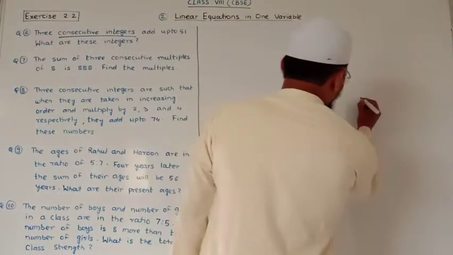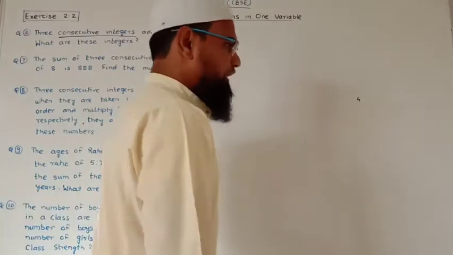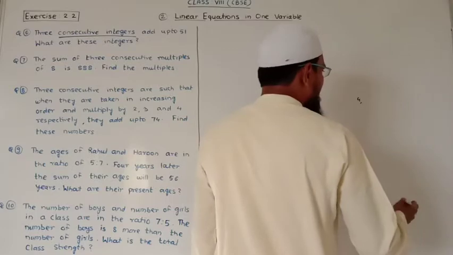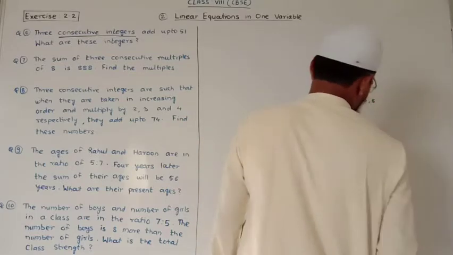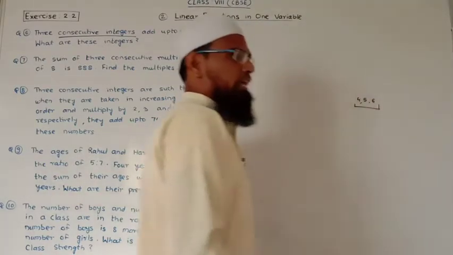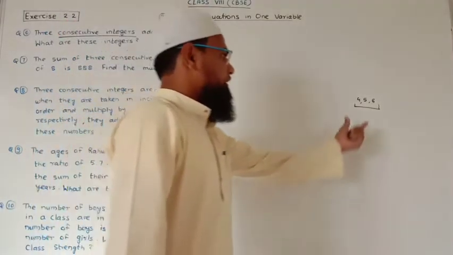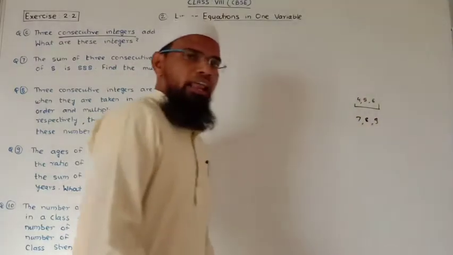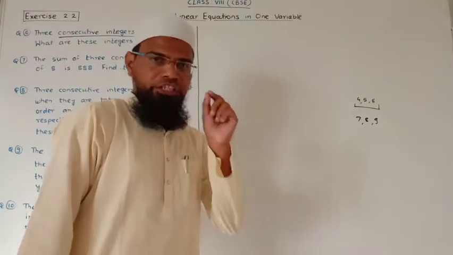If 4 is an integer, the next integer after 4 is 5, and after that 6. So we can say that these three integers are consecutive integers. Similarly, 7, 8 and 9 are also called three consecutive integers.